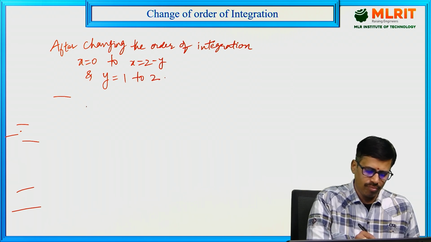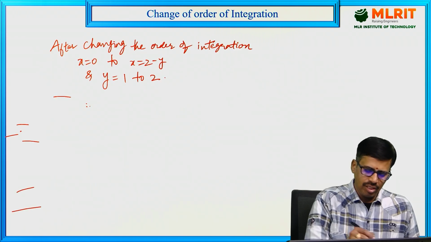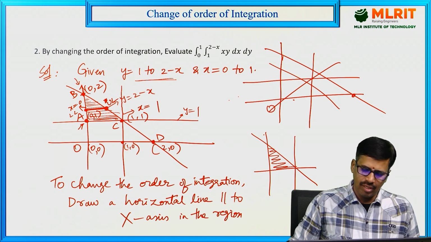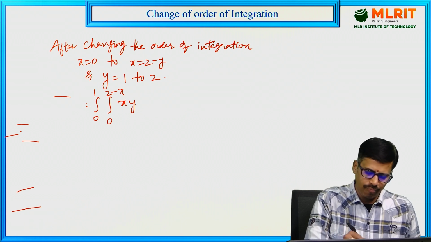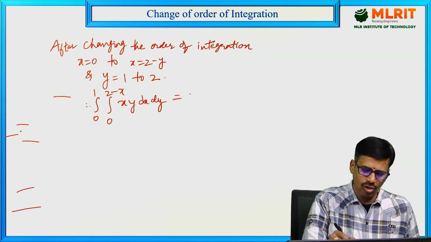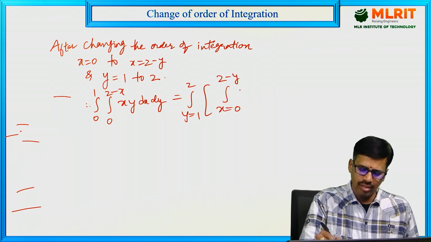So therefore integral 0 to 1, integral 0 to 2 minus x, xy dx dy can be written, after changing the order, as y is equal to 1 to 2, x is equal to 0 to 2 minus y, xy.